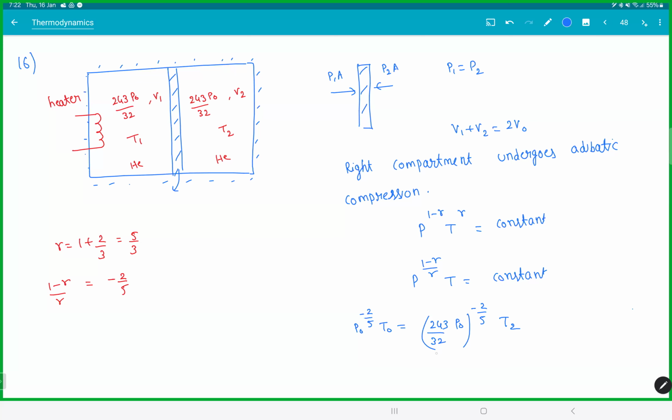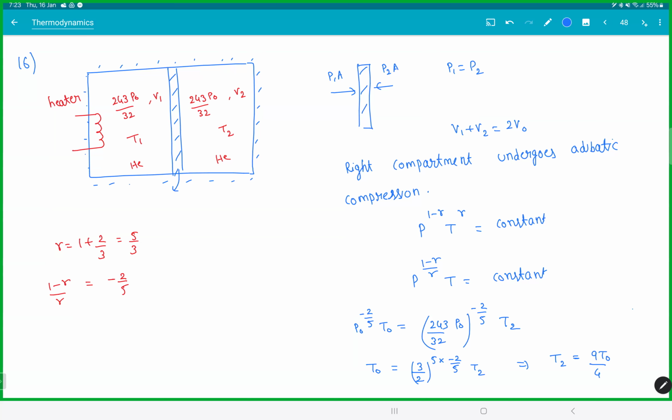P naught will cancel. 243 is how much? 3 to the power 5 by 2 to the power 5. So this is (3 by 2) whole to the power 5 into minus 2 by 5. 5 will cancel. This will be 4 by 9. So T2 is 9 T naught by 4. That was the reason that number is given as 243 by 32. It gets cancelled out neatly.